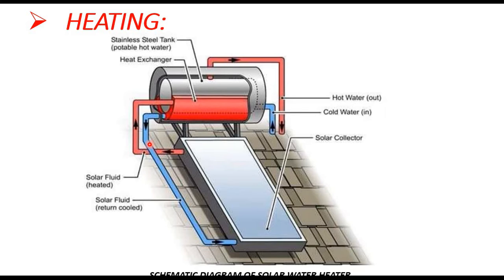Now, this solar heat collector will collect the heat from the solar radiation and it transfers the heat to the antifreeze solution, and it will give heat to this water which is placed in the stainless steel tank of potable hot water, and due to this heat exchanger this heat will transfer to this potable water, and this hot water will be used from this pipe, and cold water is supplied from this inlet.